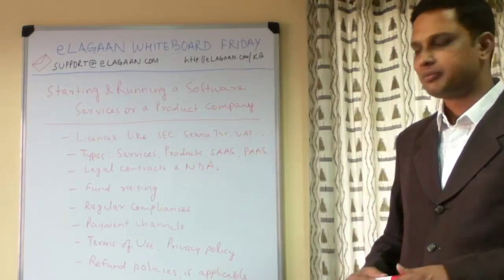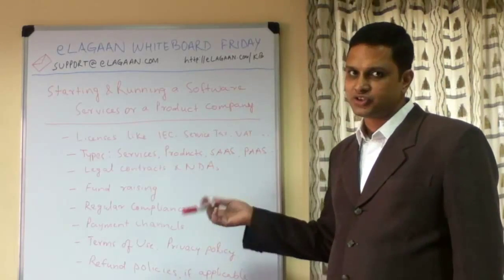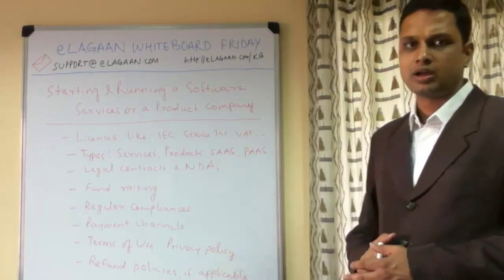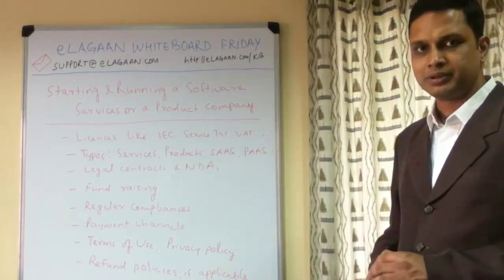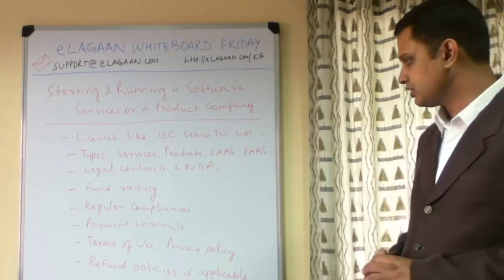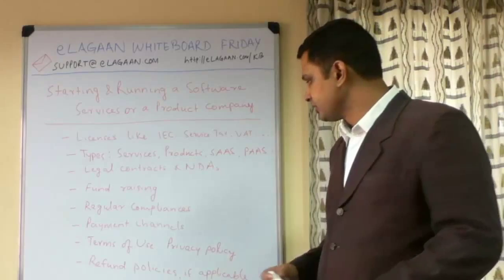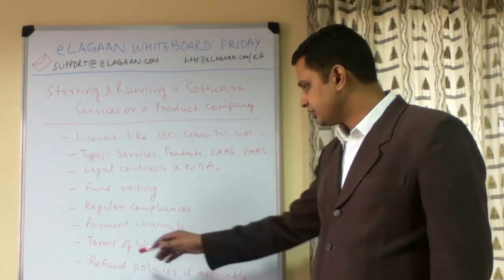If you are receiving payments, you can define your payment channels like PayPal, payment gateways, cheque, cash. All modes of payment are acceptable, but try to avoid cash transactions as much as possible, because cash is generally a disputable item. So payment channels need to be defined.